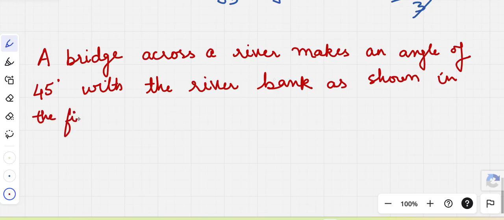I'll give you the figure. You are supposed to understand from that, okay?